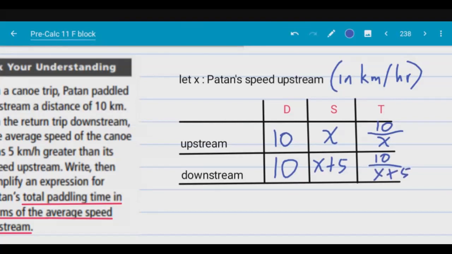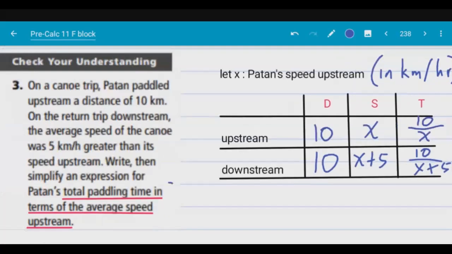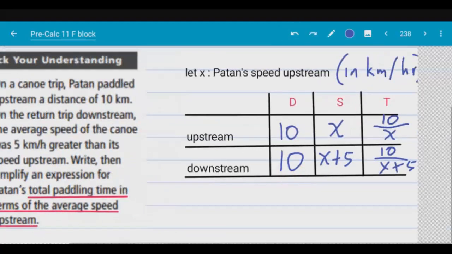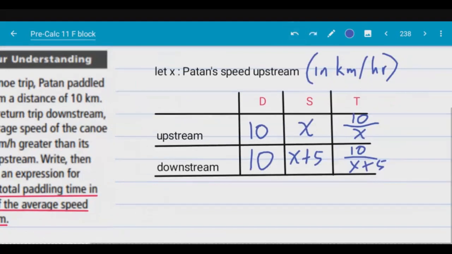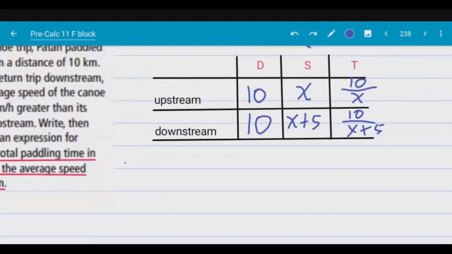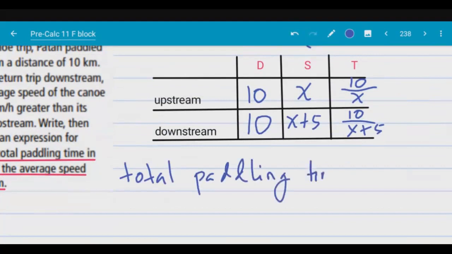So what is the total paddling time? Well, the total time that he took would be going upstream plus going downstream. So just add those two. So total paddling time would be to put them together.